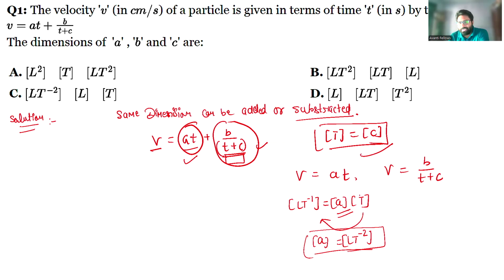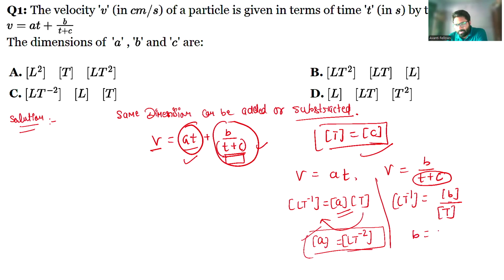The dimension of C we have found, the dimension of A we have found. Now we have to find out the dimension of B itself. Now you just compare with this equation: write the dimension of velocity or speed, LT minus 1. Now, what is the dimension of B? And what is the dimension of T plus C? It is also time, because this combinedly represents time.